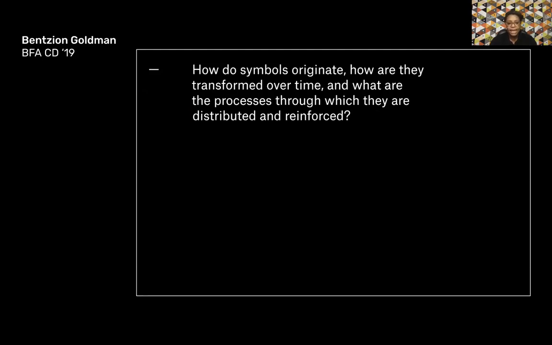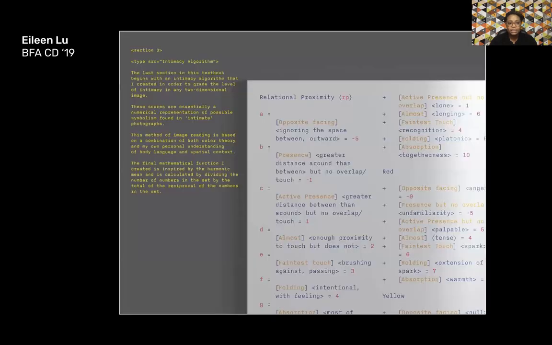And as we switch from Benzion for a second to Eileen Liu, we see a similar sort of approach where, again, there's a sidebar, a bit of information, a little bit longer than the previous example. But again, to the right, we see a magnified zoom in of the computation and the work that was being produced by Eileen for this project.